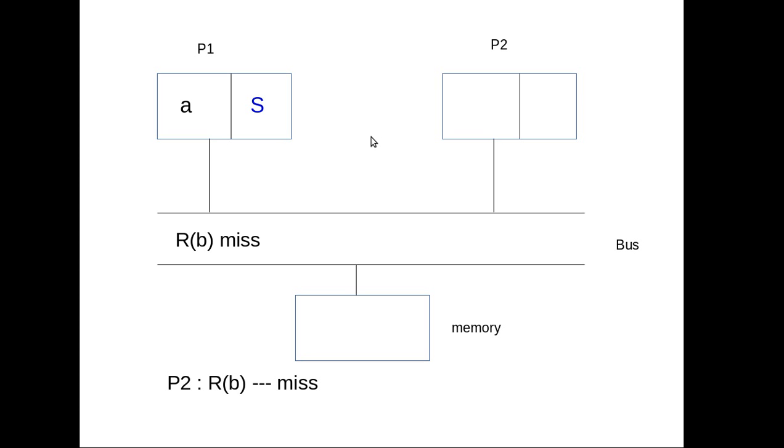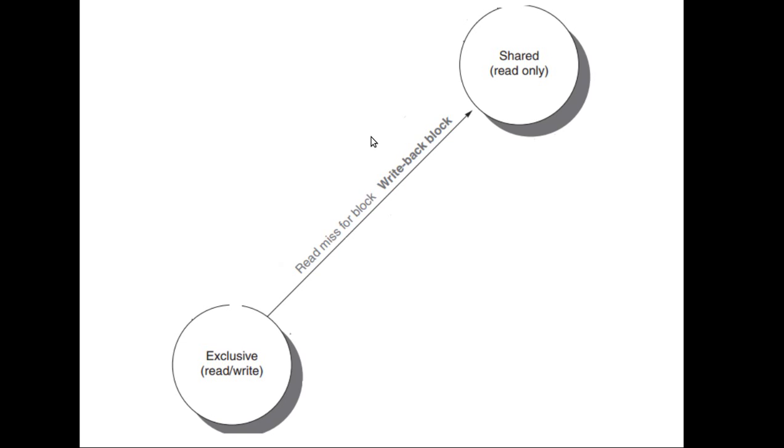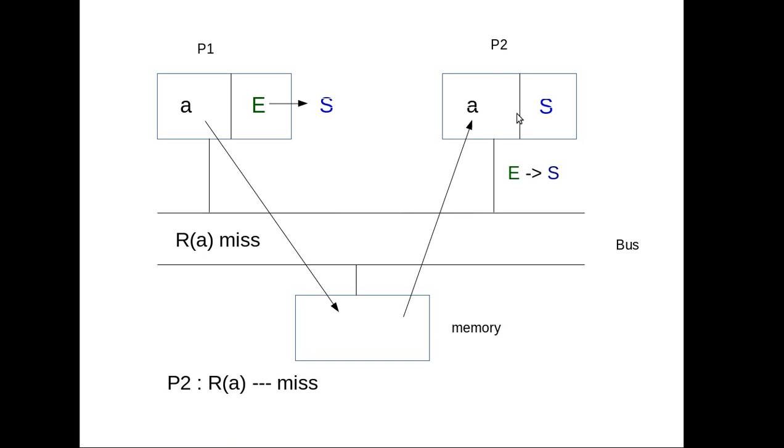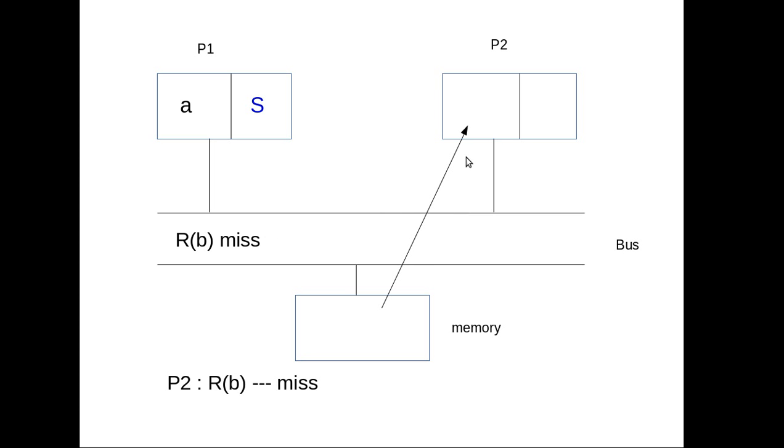Next, read B for P2. Previously, P2 has data A in its cache in shared state. Now P2 requests for B. So it was completely replaced, and read B miss was placed in bus, and P2 can get data directly from the memory and place it in cache B, and now it is in shared state.